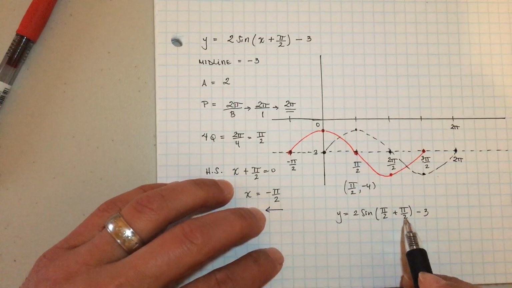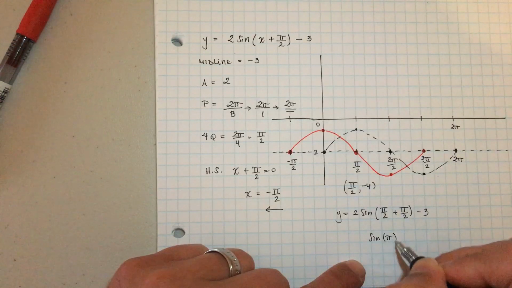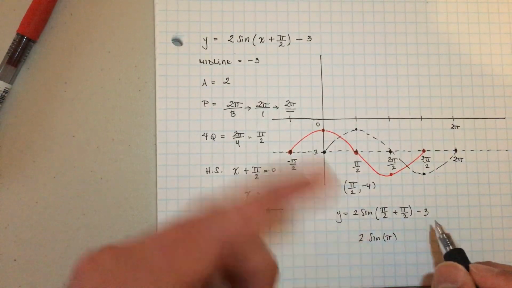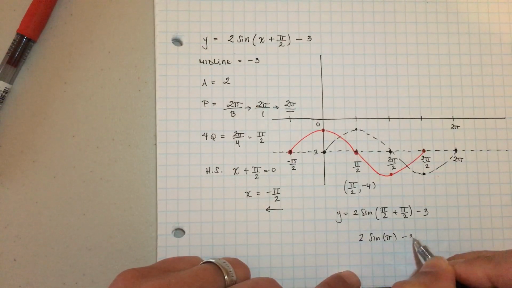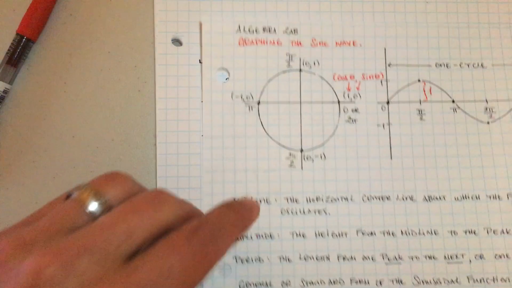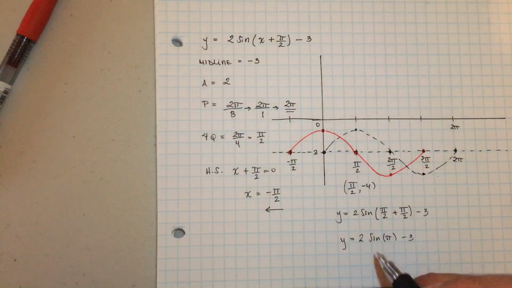Pi over 2 plus pi over 2 is 2 pi over 2, which is sine of pi. It's like 1/2 plus 1/2 is 1 whole. Now we get sine of pi. Where's pi? Pi is right here. What's the sine value? 0. So that becomes 0.